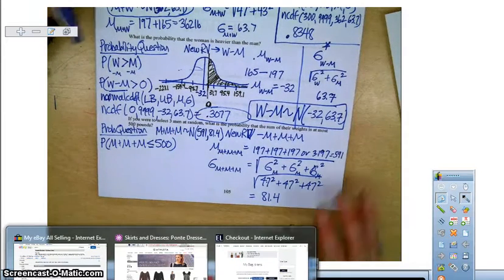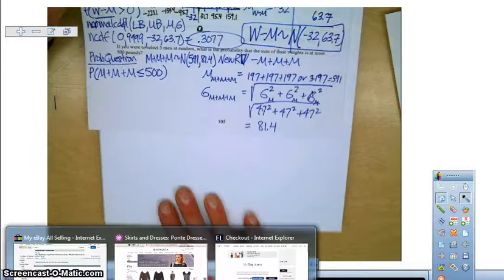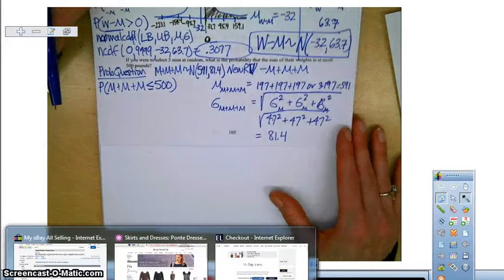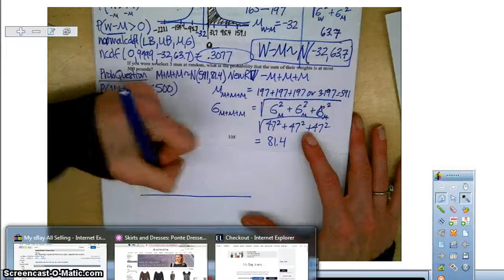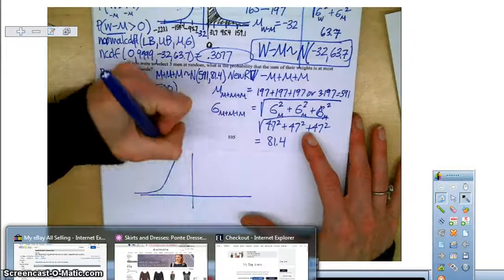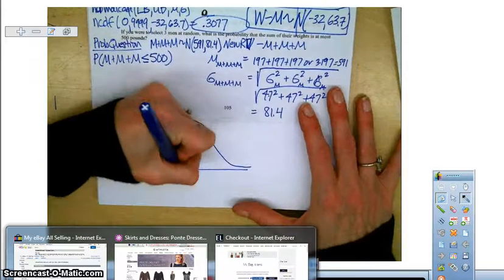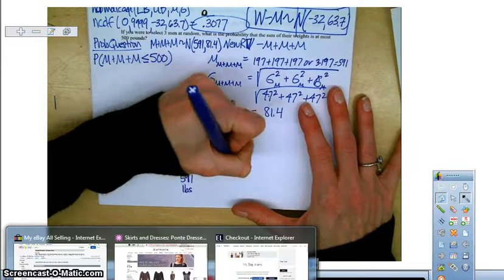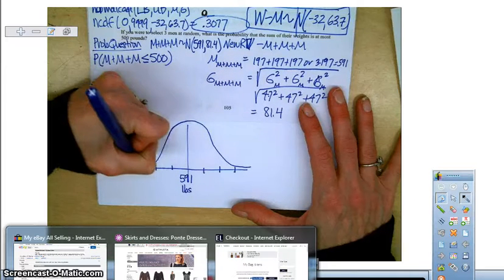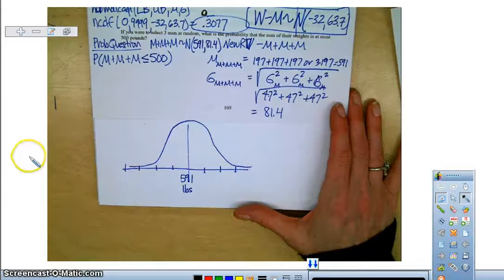All right, so I don't have room to draw the whole picture on here, so I'll just slide this up a little bit and draw the picture down here. So the picture for this, if you could help out and get the standard deviation numbers, that would be great again. So this is 591 pounds. And what are you adding to that to go above? 81.4.